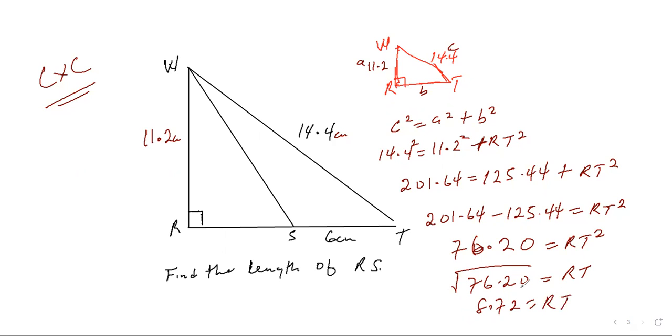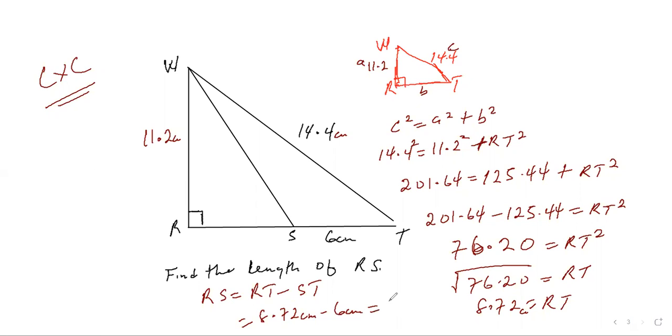Now, centimeter. Remember that they want to find RS. So therefore RS will be equal to RT minus ST, right? So just work it. RT, we got 8.72 centimeter minus 6 centimeter.